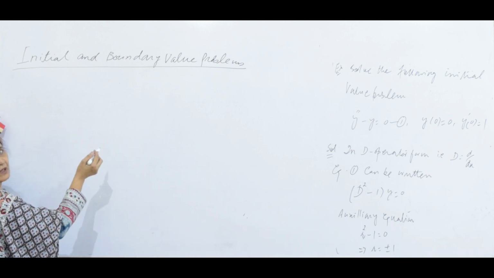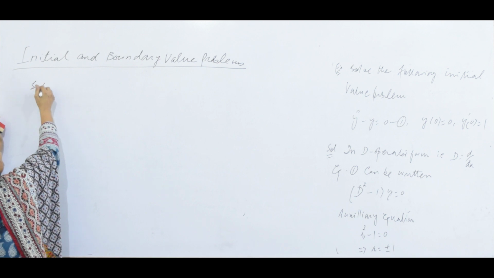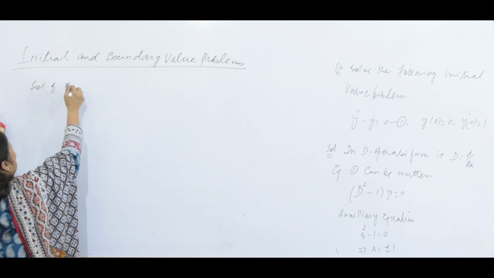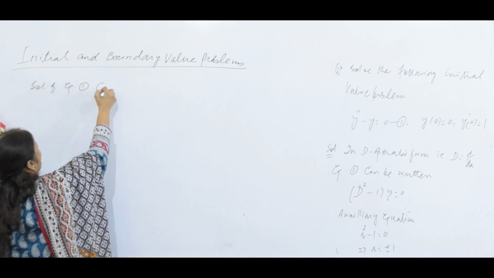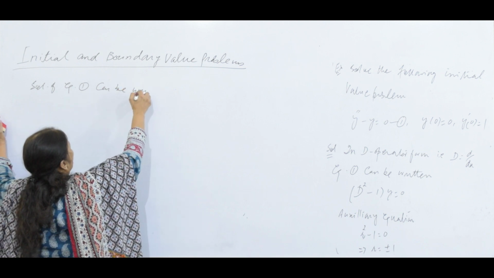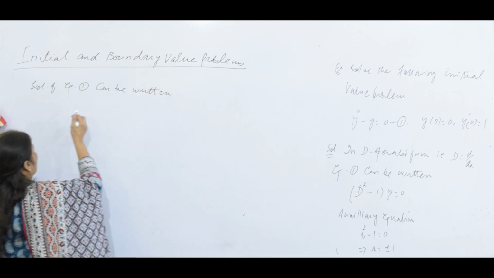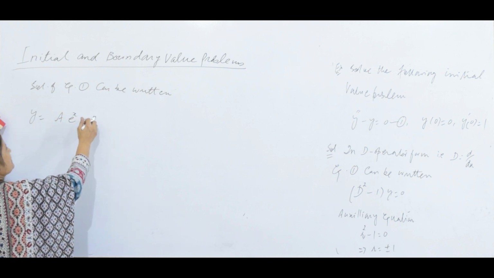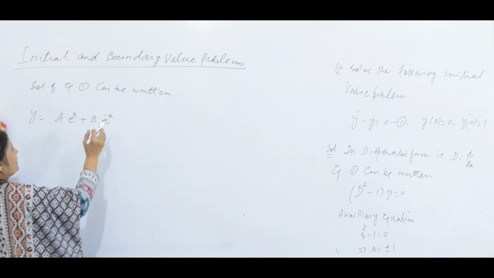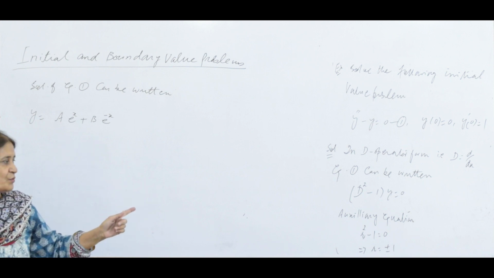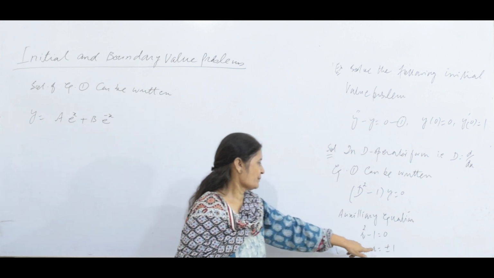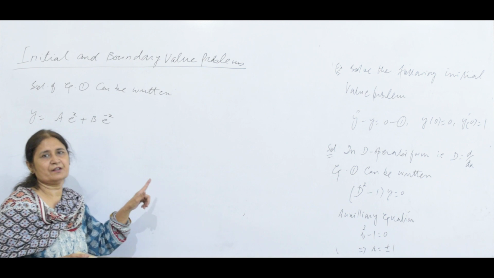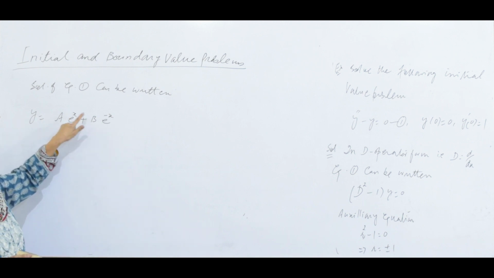So the solution of equation 1 can be written as y is equal to A e to the x plus B e to the minus x. Because the roots are plus minus 1, this is plus 1 and this is minus 1.